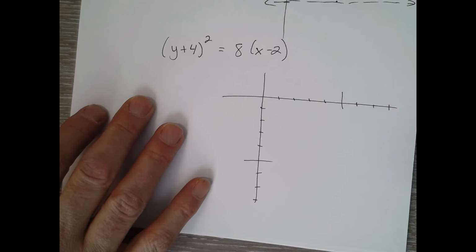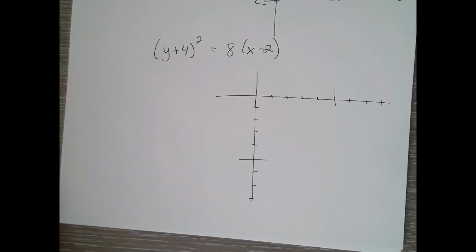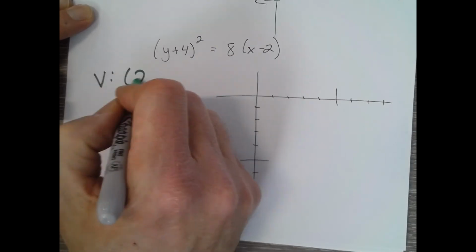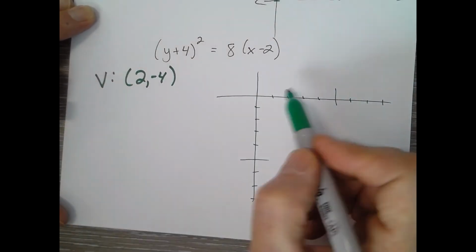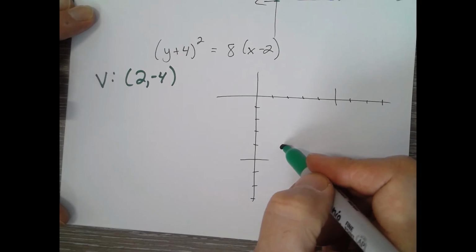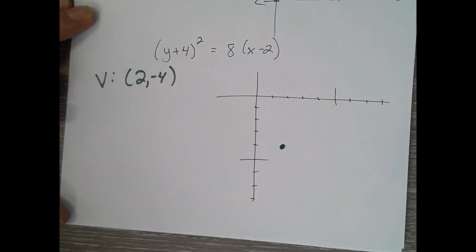All right, what is my vertex? Let's start there. 2, negative 4, very good. So my vertex is 2, negative 4. So I go right 2, down 4. I picked another one in the quadrant down here, quadrant 4. Okay, so there's my vertex.